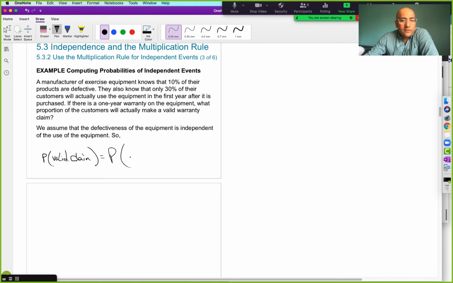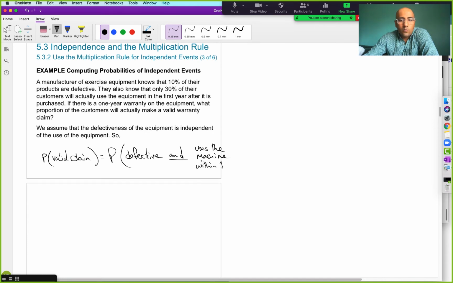Okay, so in order to have a valid claim, it's the probability that we have a valid claim, then we need two things. We need the person to have a defective product, and it has to be somebody that uses the equipment within the first year, so that they can identify that they have a defective product. This is the machine within 1 year.